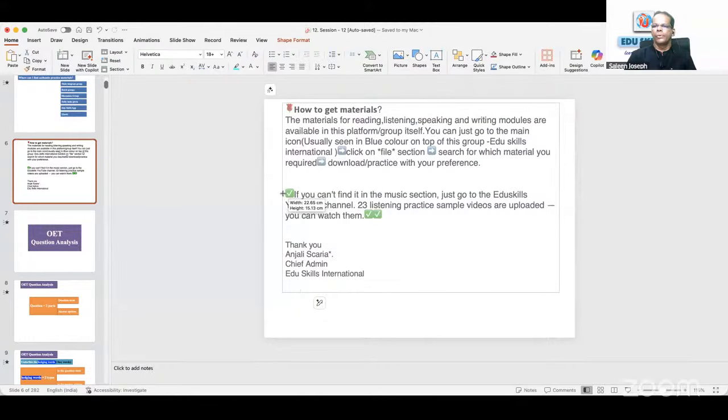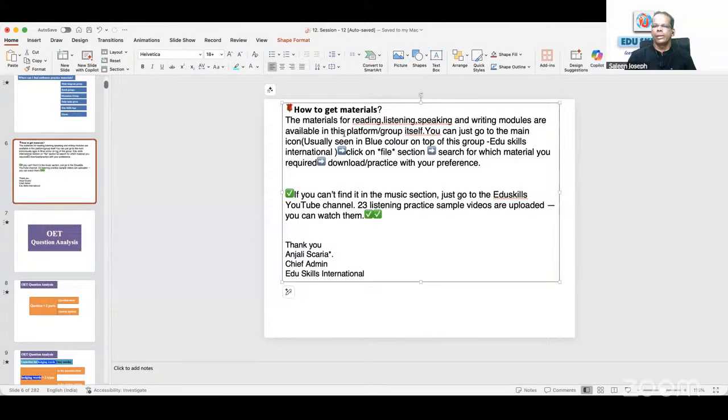The materials for reading, listening, speaking, and writing modules are available in the main platform group itself. Main platform group means OET EduSkills International.